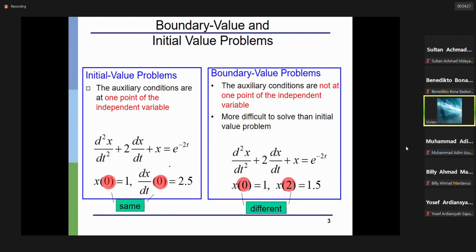The important thing to note here is that if we have a second order ODE, it means that we need two auxiliary conditions. Now we will look at the right, where we have exactly the same equation, which is a second order.